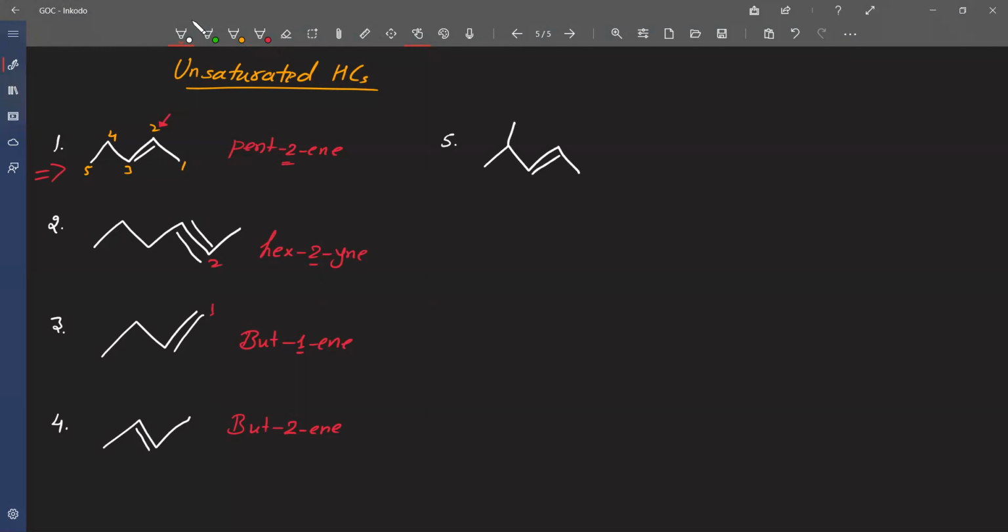Yeah, it is 4-methyl pent-2-ene. So you have to start the numbering from this side. If I do it from this side, it will be wrong. Because as I have told you yesterday, the functional group will get preference, then the double bond, multiple bond, and then substituents. This is the priority which we have to follow always.